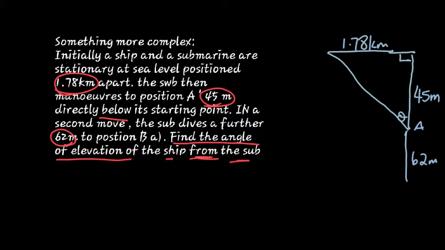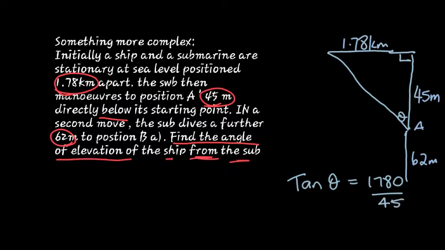Okay, so we've got our opposite and we've got our adjacent, so we're going to use tan. So tan theta equals opposite over adjacent. So we have to do opposite in metres. So 1,000 metres in a kilometre, so multiply by 1,000, 1.78 times 1,000 is 1,780 over 45.